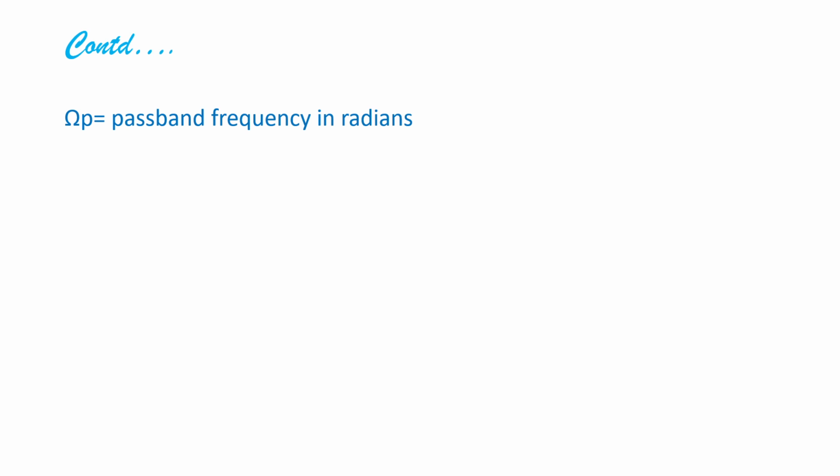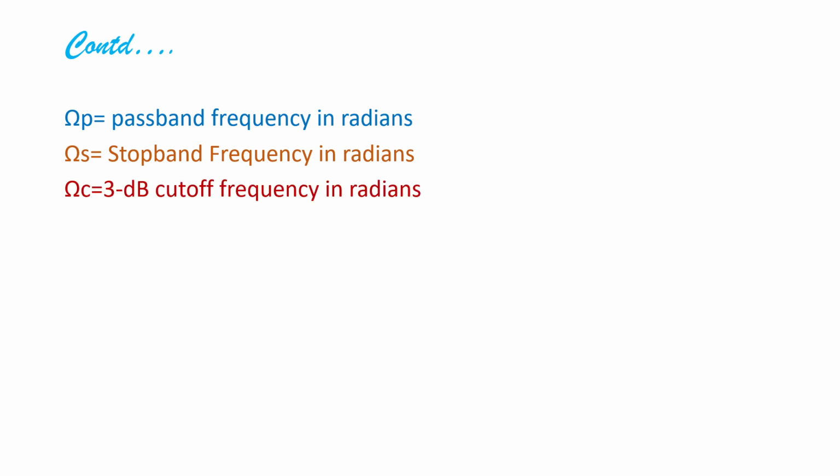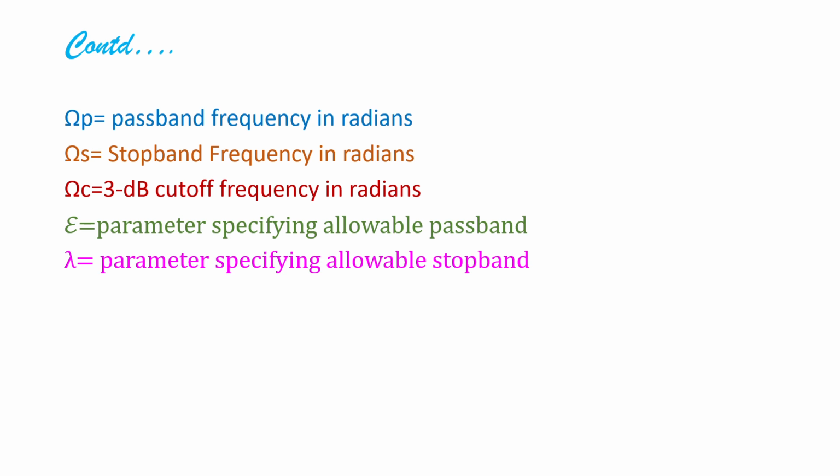Omega p is the pass band frequency in radians, omega s is the stop band frequency in radians, omega c is the 3 dB cutoff frequency in radians, epsilon is the parameter specifying allowable pass band ripple, and lambda is the parameter specifying allowable stop band ripple.